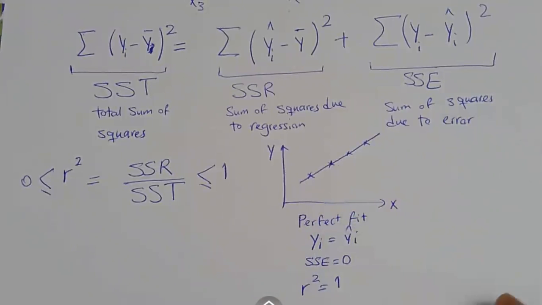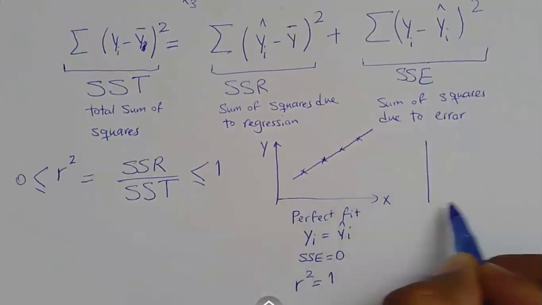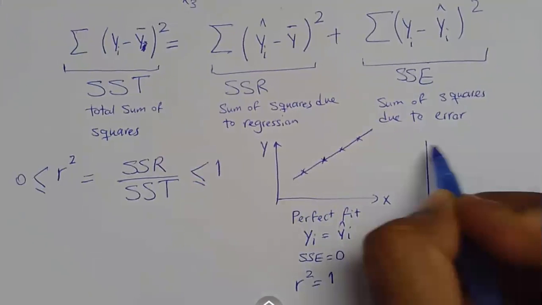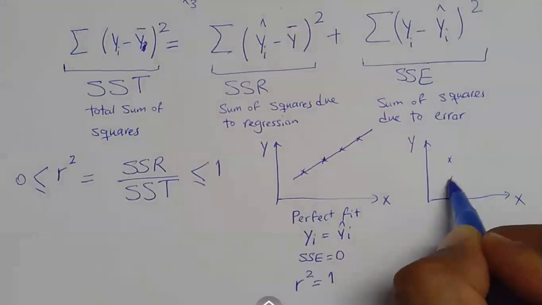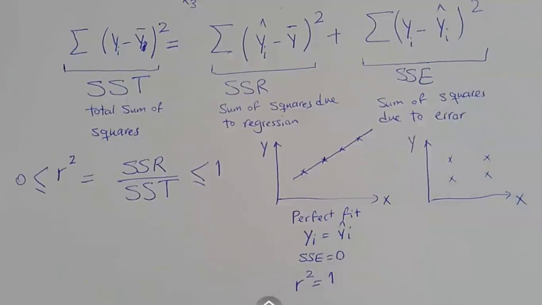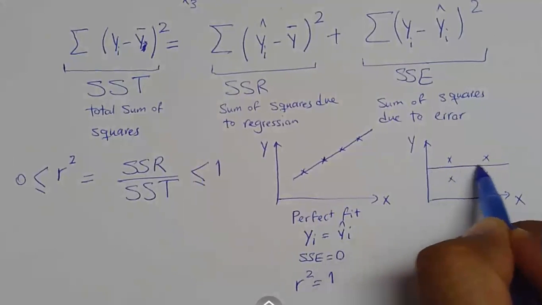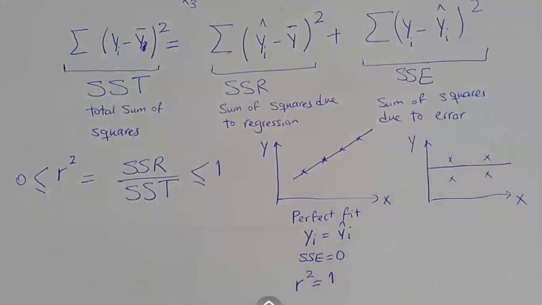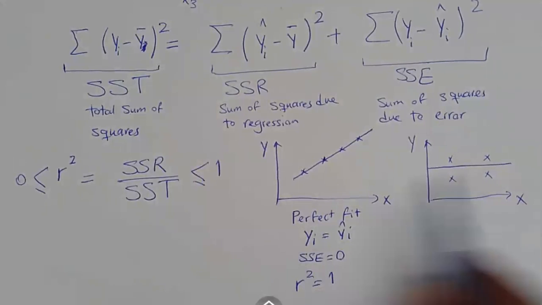So this is one example, and now let's take a look at another extreme example, X, Y. If I have my points like this, and my actual line is a flat line, completely horizontal line.